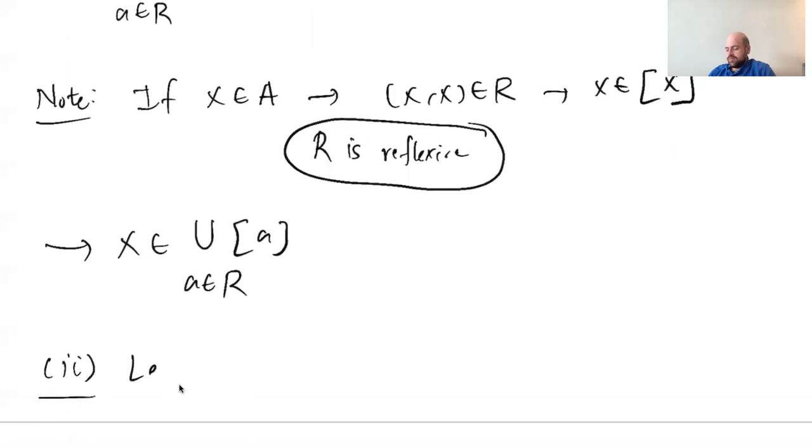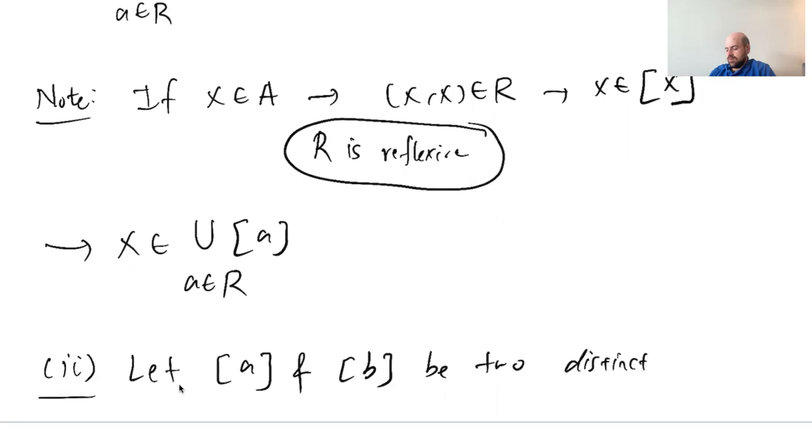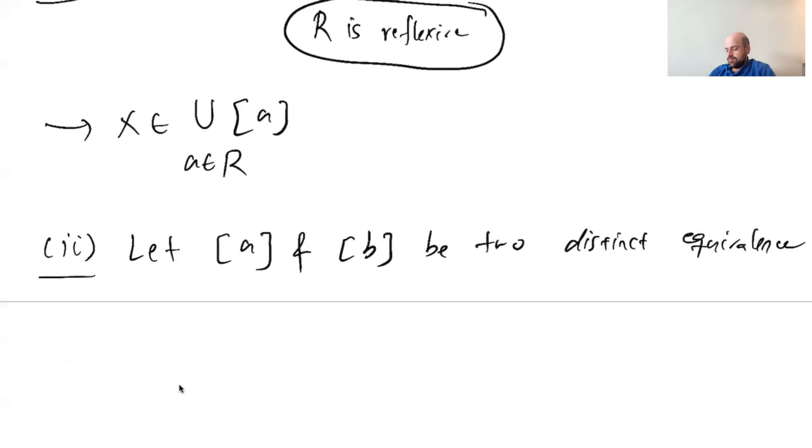So let the equivalence class of a and the equivalence class of b be two distinct equivalence classes, i.e. the equivalence class of a is different than the equivalence class of b.